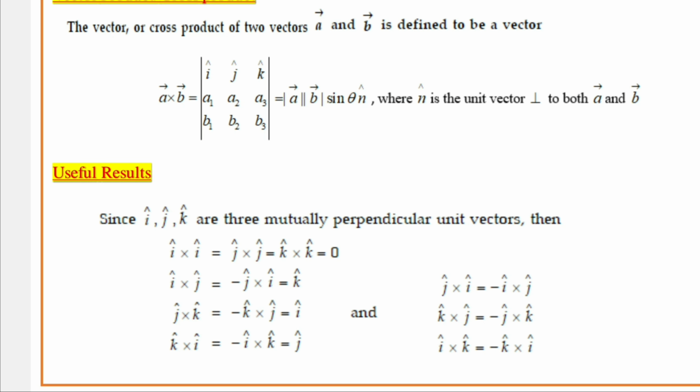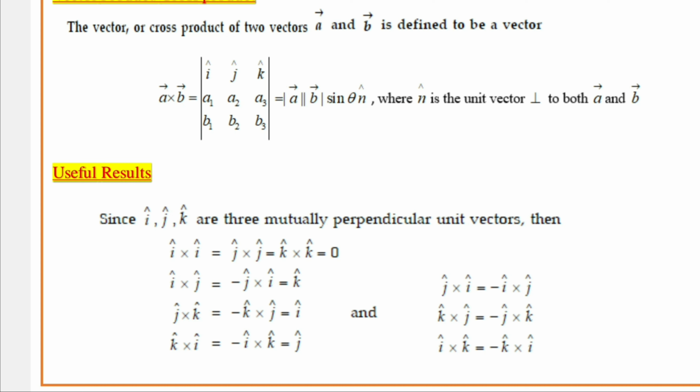This gives the cross product of vectors. That's the formula. You don't need to compare it with magnitude of A, magnitude of B into sin theta. Just remember A cross B is the determinant of i j k, A1 A2 A3, B1 B2 B3. Once you solve the determinant, you get the cross product of two vectors.